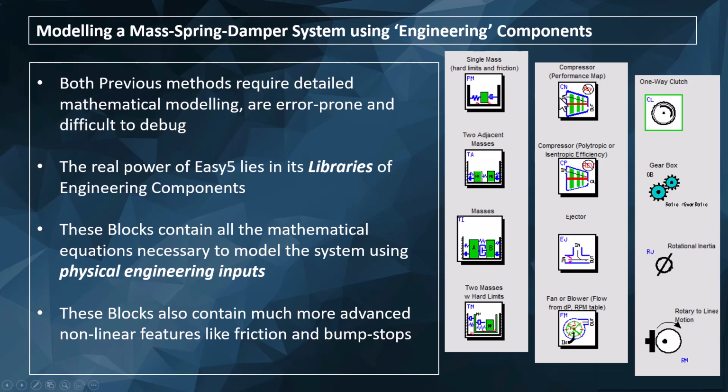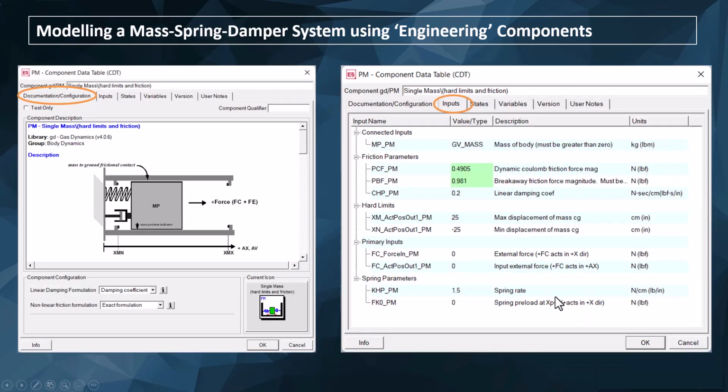Here you can see some examples of various spring mass damper configurations that Easy5 has as standard, other types of components, fans, compressors, gearboxes, shafts, rotational inertias, clutches, and so the list goes on. I'd encourage you to explore those.